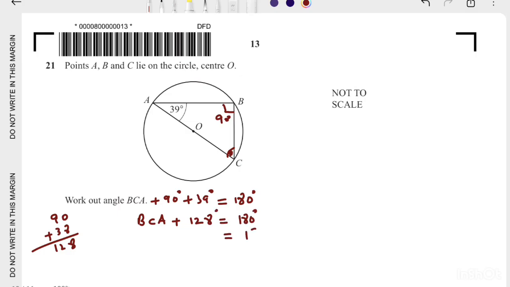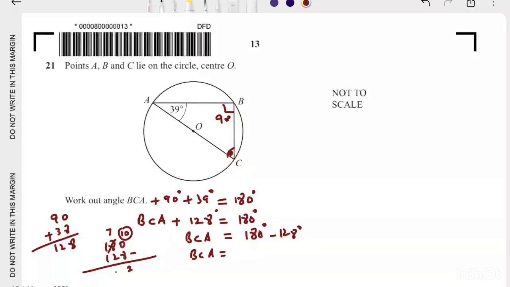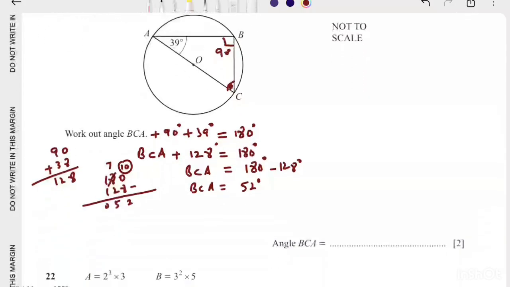Now minus them, 180 minus 128. So BCA will be equal to 180 minus 128. We are going to minus, and it would be take 1 carry 7, and left 2 5. It would be 52 degrees. Next question.